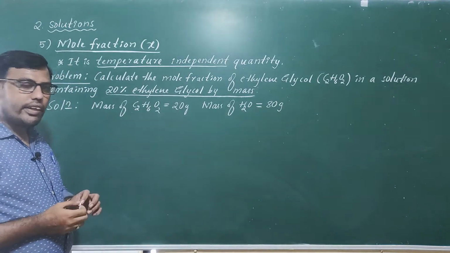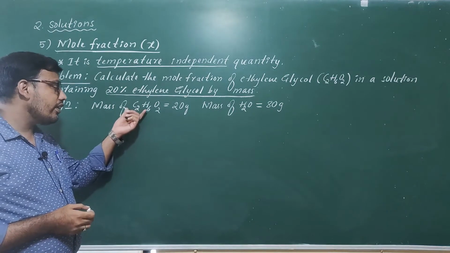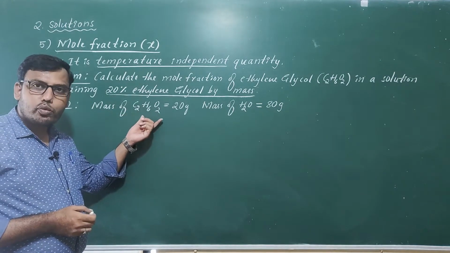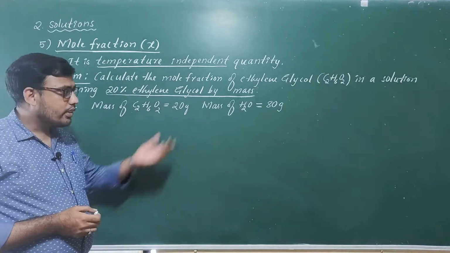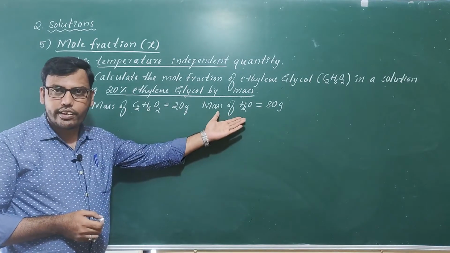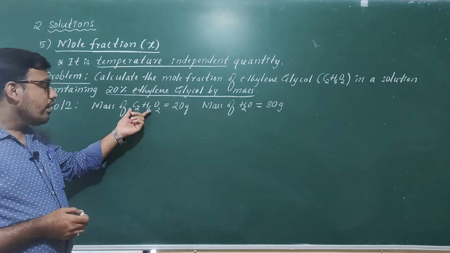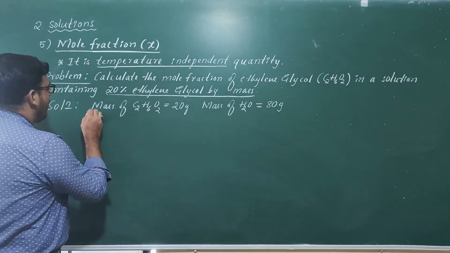What is the other thing needed to calculate the number of moles of ethylene glycol? We need to know its molar mass, because we know the molar mass of water, it is 18 gram per mole. So what about the molar mass of ethylene glycol, that we need to know.